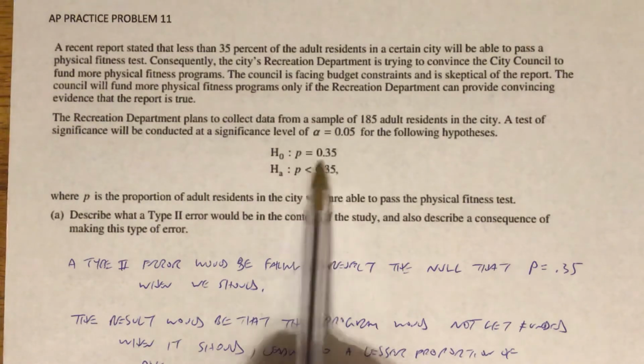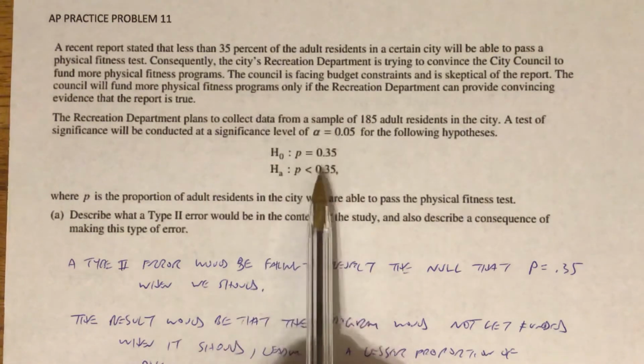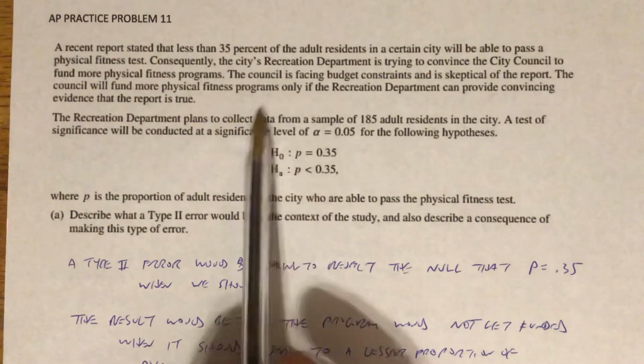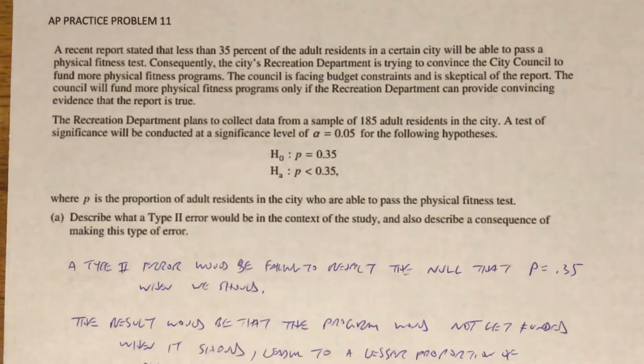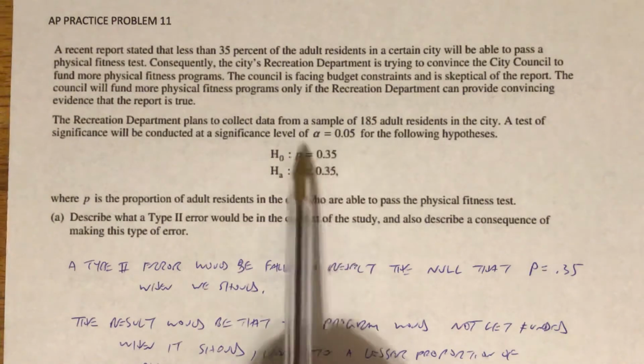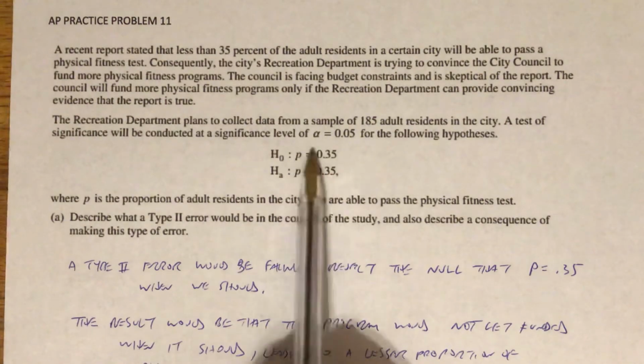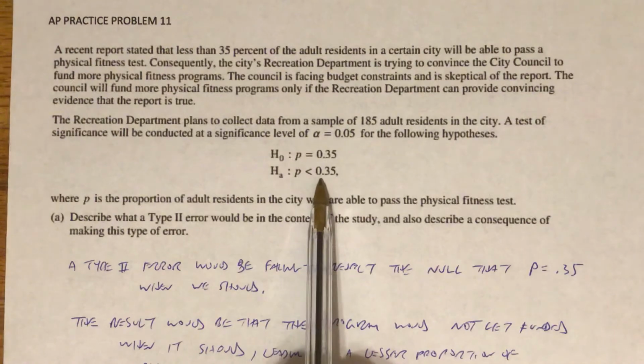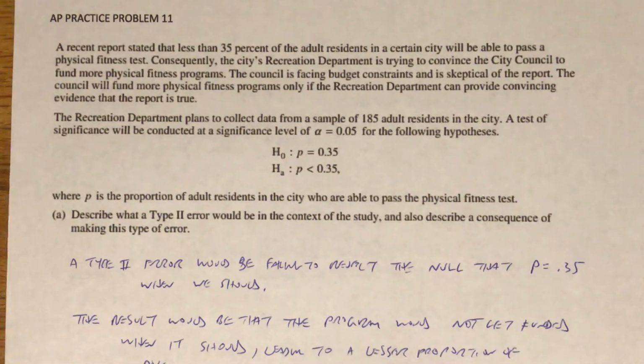So basically, if this happens, we're not going to think this report's true, and we're not going to fund these things, or we're unlikely to do so. If we find out this isn't the case and it really is bad, it's going to be more convincing that, hey, maybe we do need to do some physical fitness stuff to get people up to the level where we think they should be. All right.